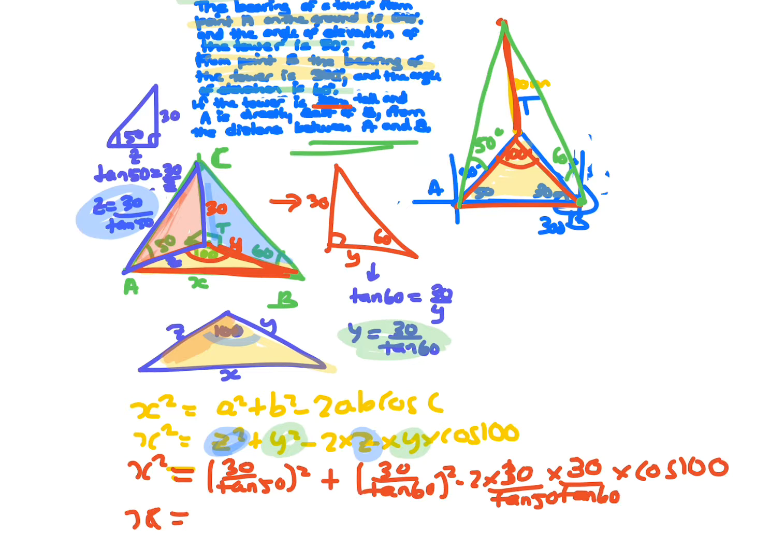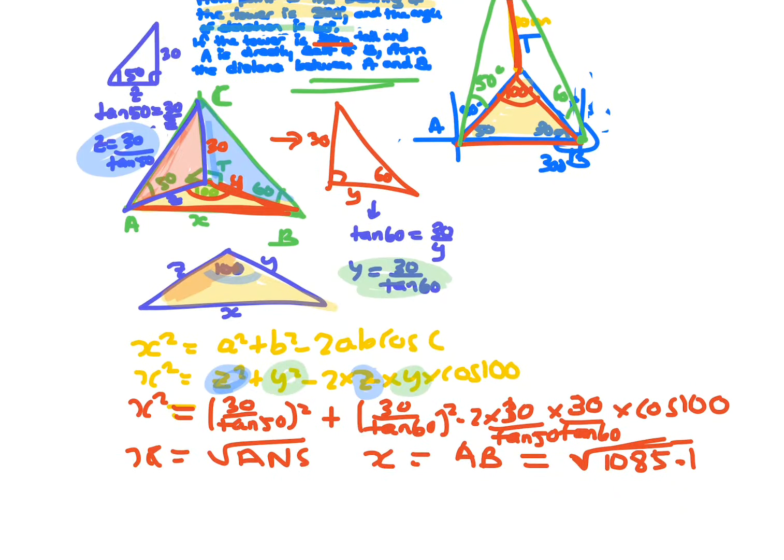Once you put all of that into your calculator, you square root your answer, and you will have the distance from A to B. So you get 1085.1, and when you square root it, you get 32.94 metres, which will be the distance between A and B.